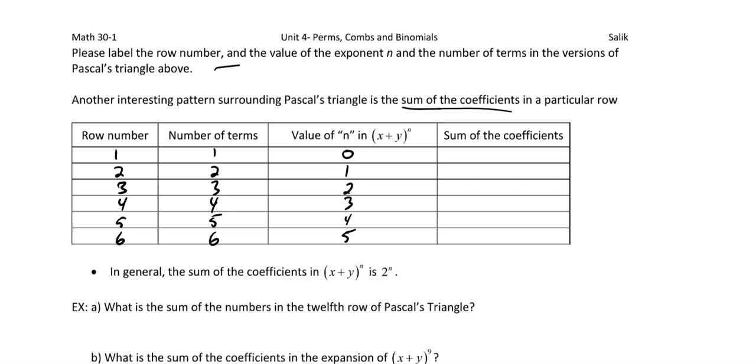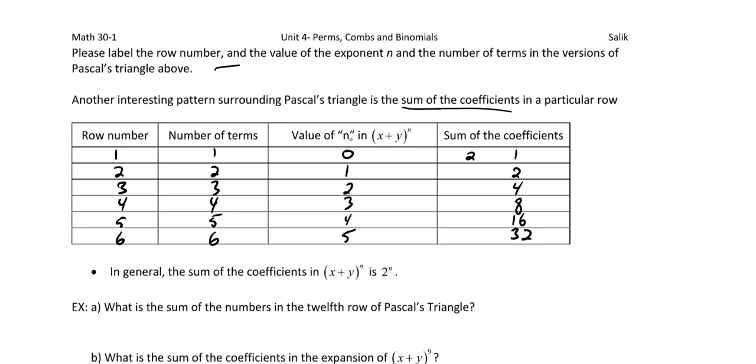Now it turns out that the sum of the coefficients for the first row would be 1, and then 2, and then 4, and then 8, and then 16, and then 32. You might be seeing the pattern here: we can get these same things by going 2 to the power of the row number.